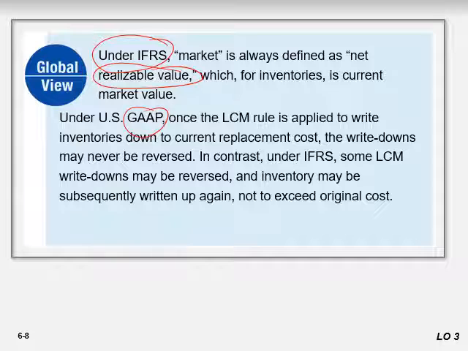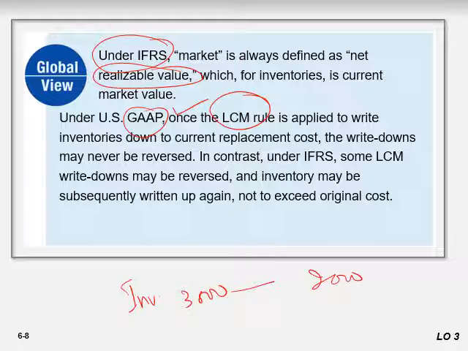Under GAAP, once you apply the LCM rule, it means you lower down. In our previous example, the inventory cost was 3,000, but the market or replaceable value is now 2,000, so we write it down.